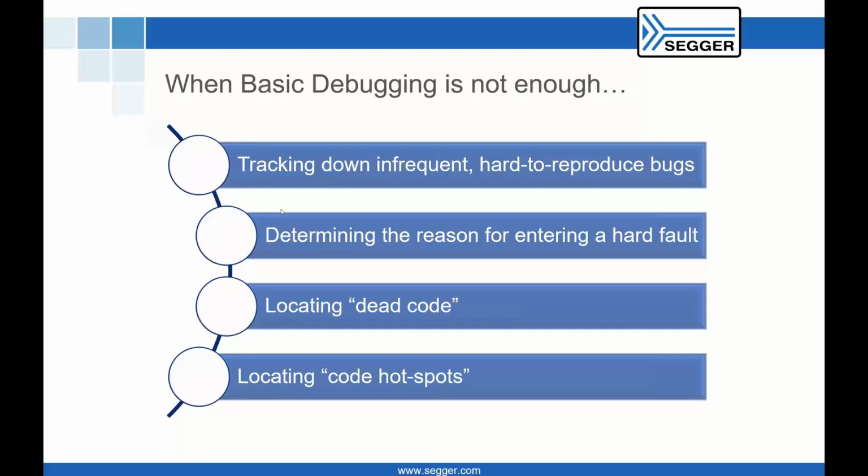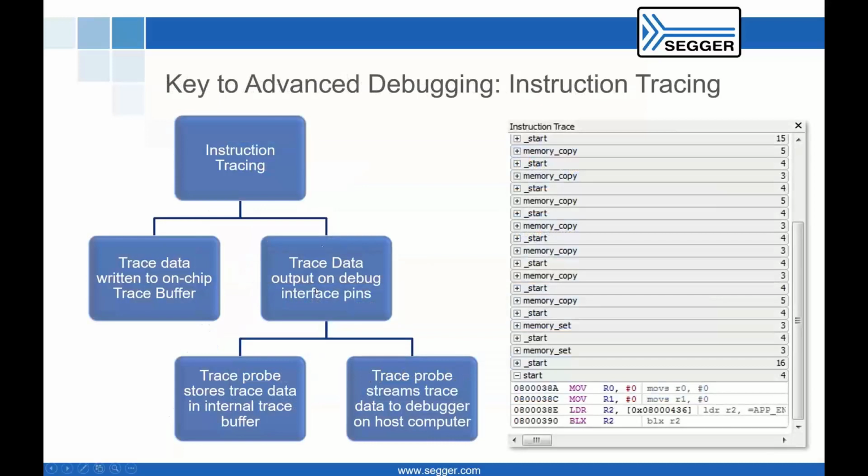So for that functionality, you need some kind of trace functionality over just the regular debug. Basically you need some mechanism where you're recording the instructions that are executed by the MCU, which enables all this. And this is where the advanced debugging comes in.